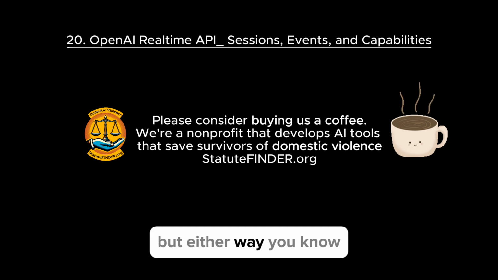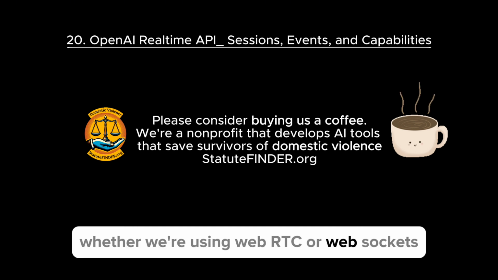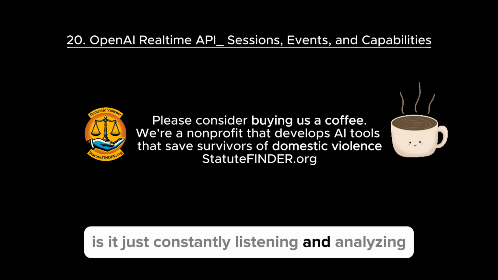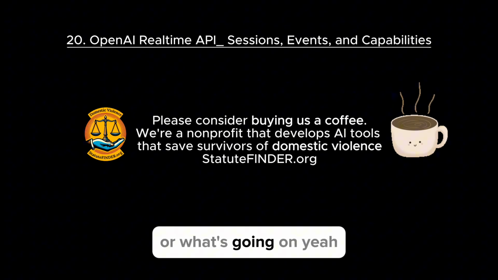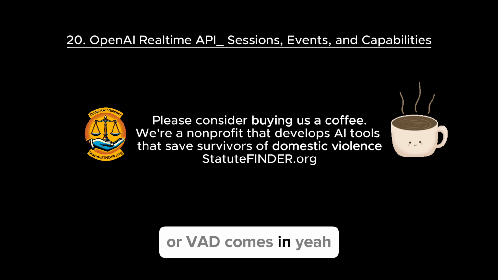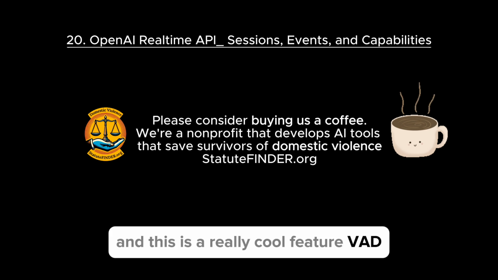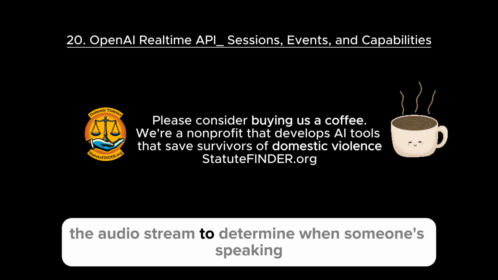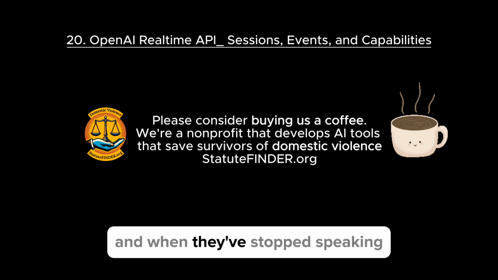Definitely. But either way, whether we're using WebRTC or WebSockets, how does the model know when to respond? Is it just constantly listening and analyzing, or what's going on? So that's where voice activity detection, or VAD, comes in. And this is a really cool feature. It intelligently analyzes the audio stream to determine when someone's speaking and when they've stopped speaking.